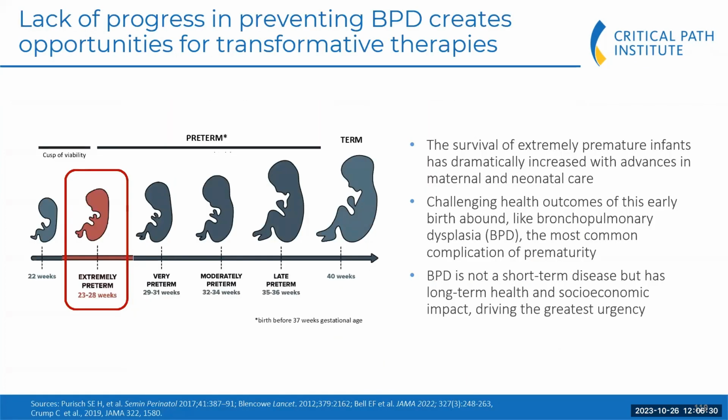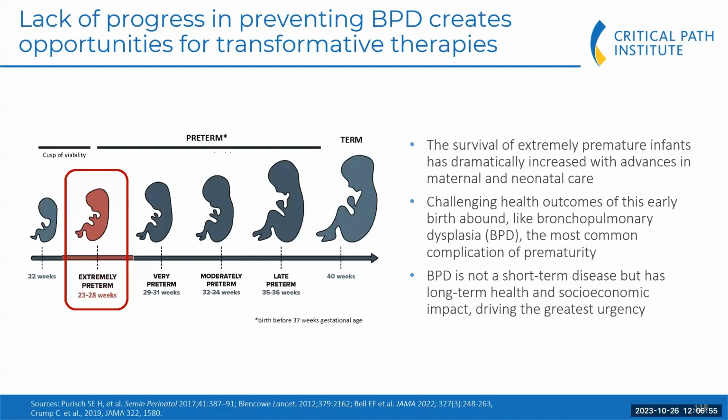And so the survival has dramatically improved. Prenatal interventions in the mother, postnatal transition with surfactant, general ventilation strategies. And that's been a remarkable contribution to the care. But what's challenging are the health outcomes. In fact, bronchopulmonary dysplasia is one of the most common complications of prematurity.